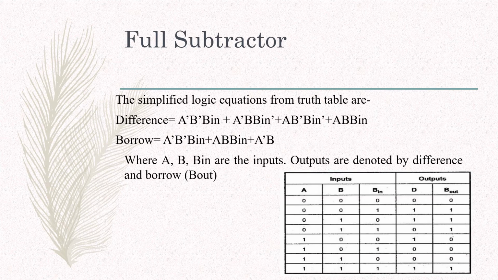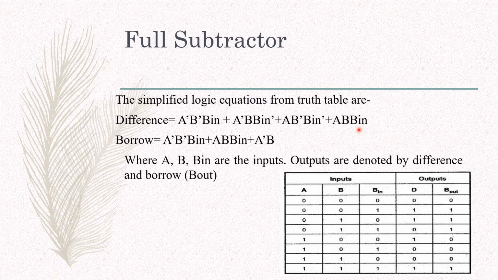Now let us see the simplified equation for the truth table of the full subtractor. Here we have A negation, B negation, B input plus A negation, B input negation plus A B negation, B input negation plus A B input.